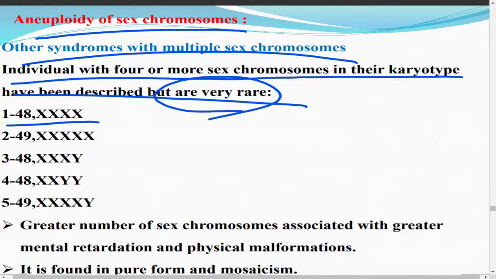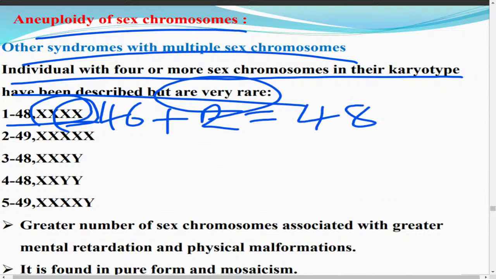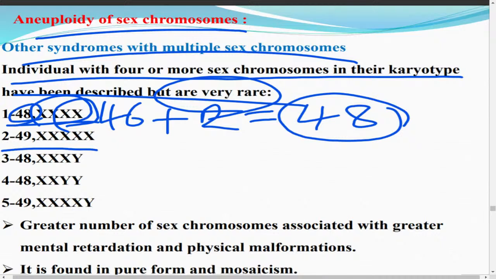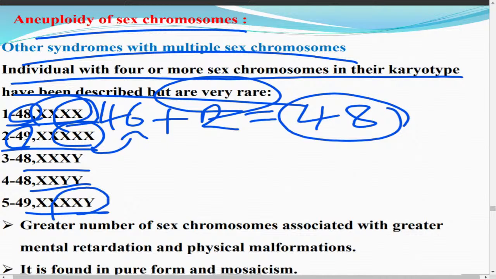This one, 48, with the sex chromosome having an additional 2, 46 plus 2, is 48 chromosomes. This one has an additional 3 to the 46, causing 49, or there are many variations, here being an additional 3, also 49, but with Y or YY and XY, etc.